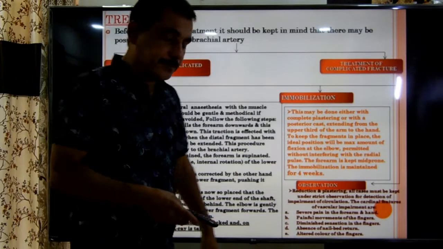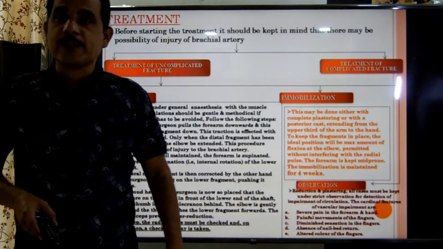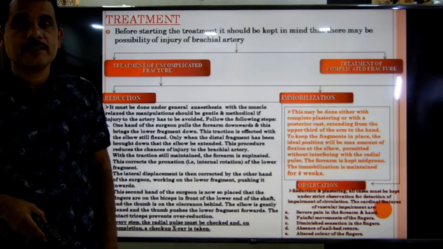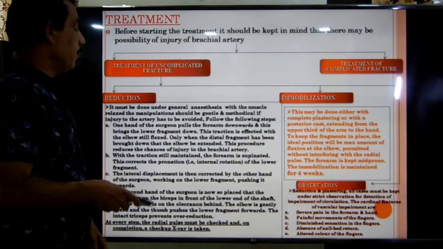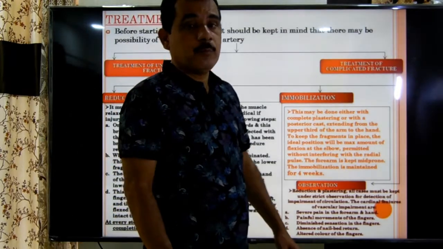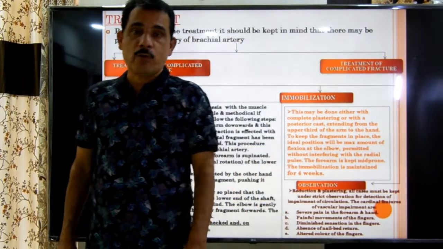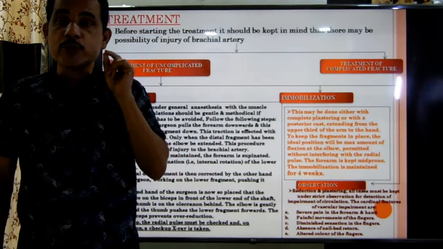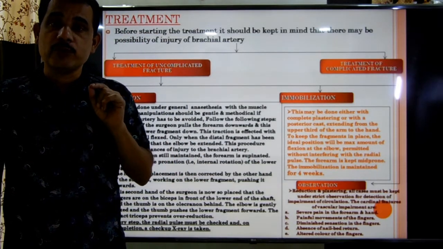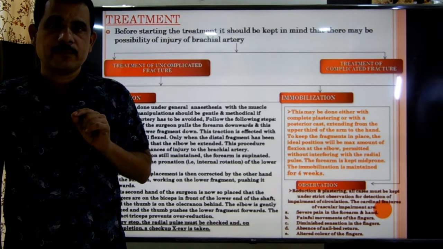Then the treatment of the fracture of the supracondylar region of the humerus. Here, one thing you should remember: before starting the treatment of the fracture proper, we must keep in mind the possibility of injury to the brachial artery.